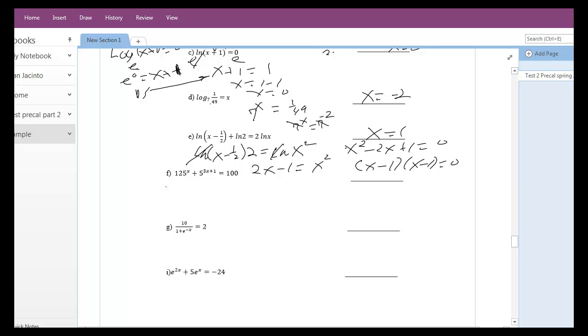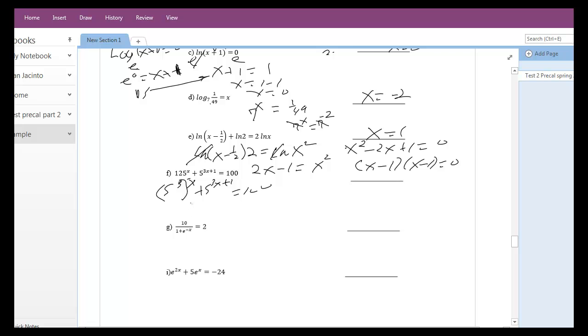I see 125. I see 5 cubed to the x power plus 5 cubed x plus 1 equals 100. Notice that 5 cubed is 125. 5 times 5 is 25 times 5 is 125.